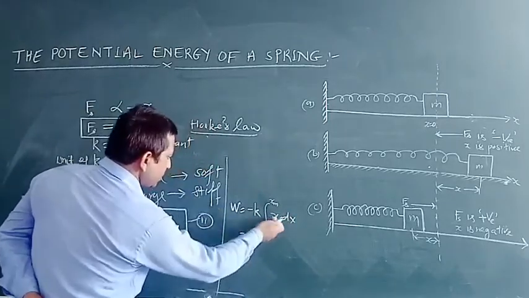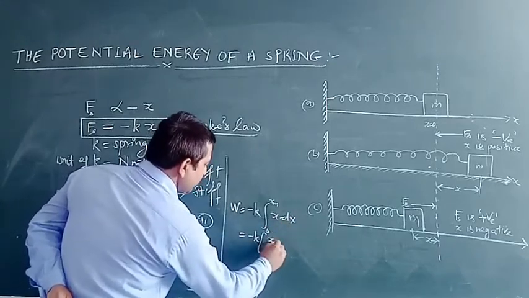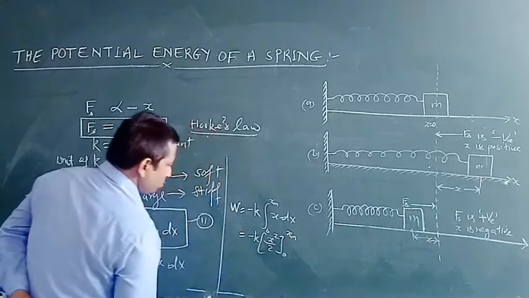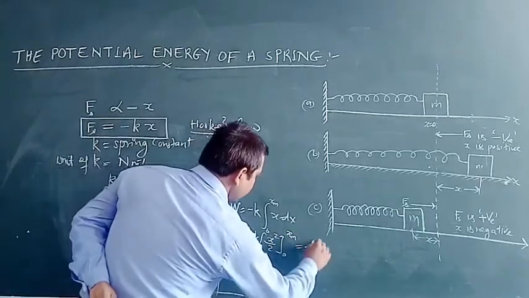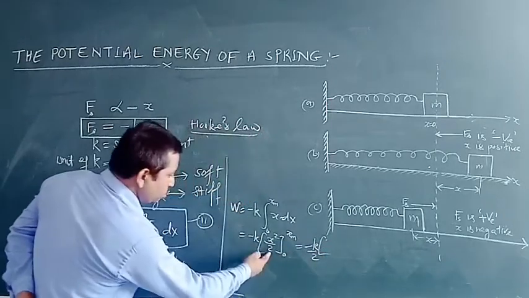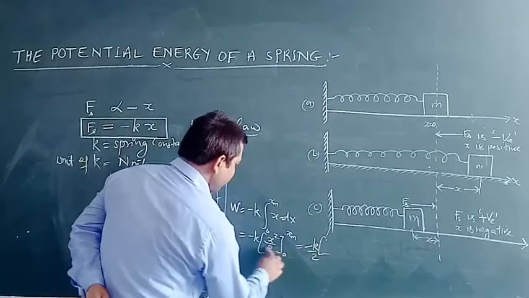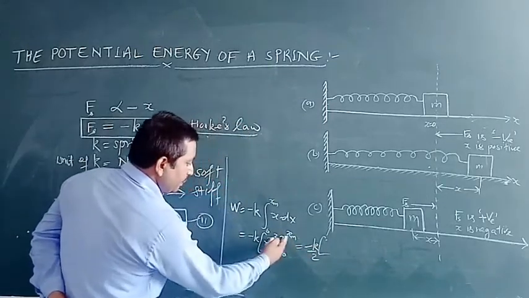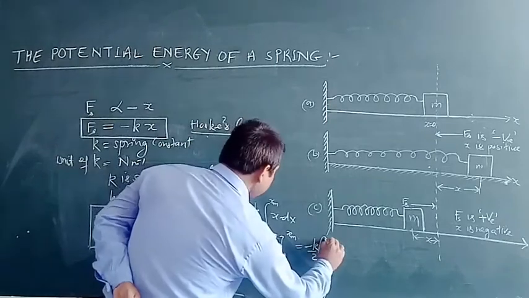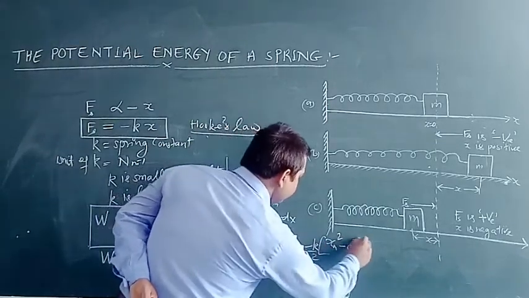So this becomes minus k and the integration of x dx, it means x square by 2 from 0 to xm. So from here we get minus k, putting the upper limit and taking 2 outside, this becomes minus k by 2, and if we put the upper limit, that is xm, in the place of x, then we get xm square minus 0 square, it means xm square.